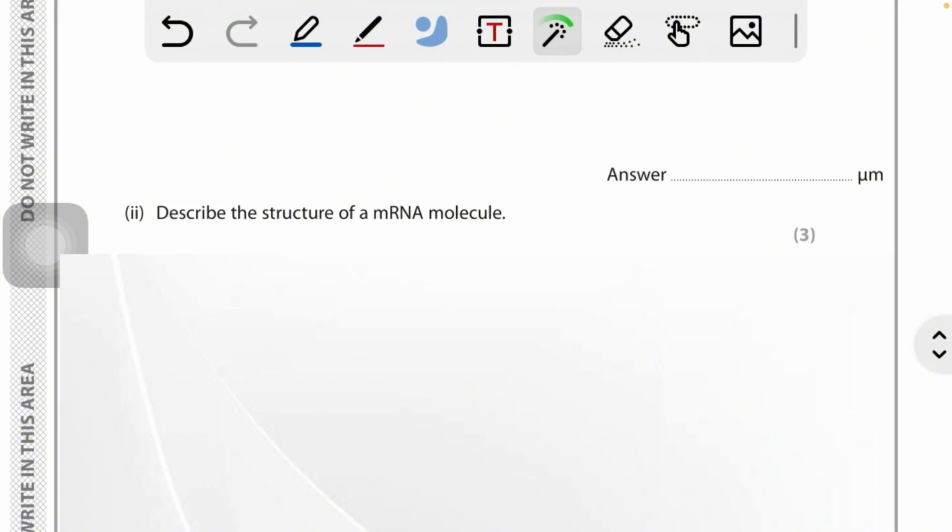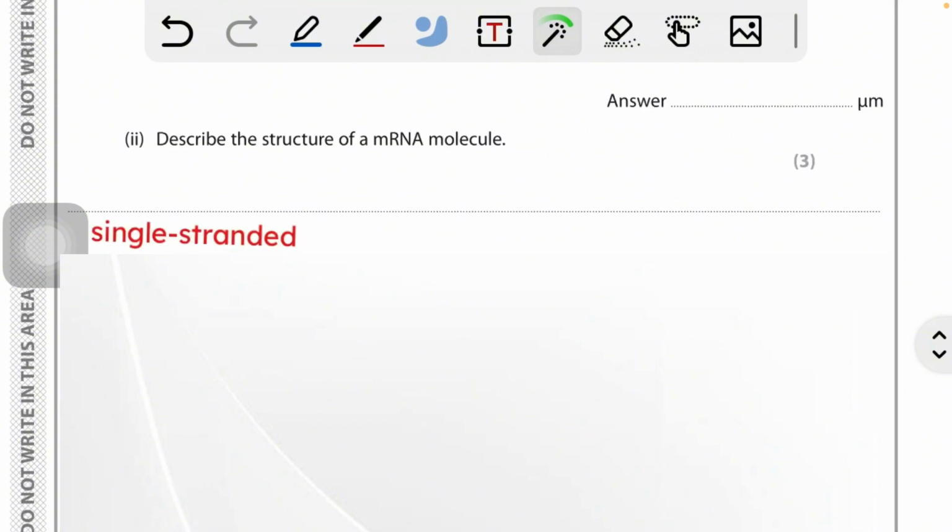Describe the structure of an mRNA molecule. What is the structure of an mRNA molecule? It is single-stranded. If I draw an mRNA molecule over here, you can say that it is like this. Single-stranded.